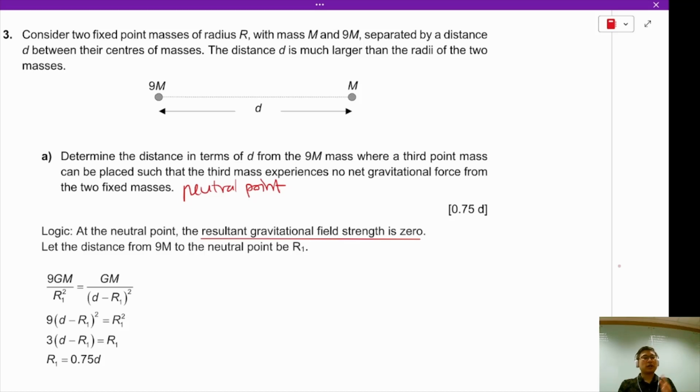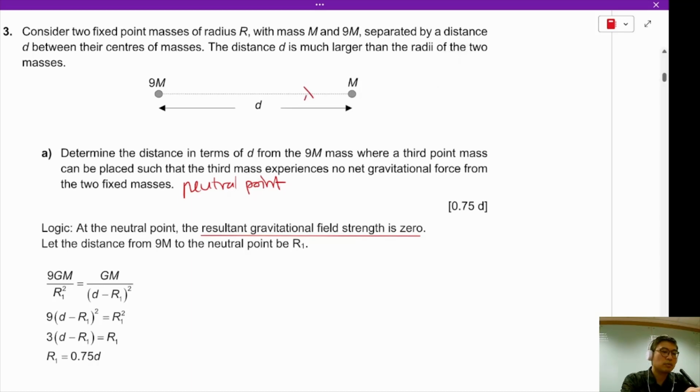So in order to find the point between the two planets where the gravitational field cancels out, this must be sort of where the point lies. So what we're going to do is put over here, this will be r1. Then this distance will be d minus r1.